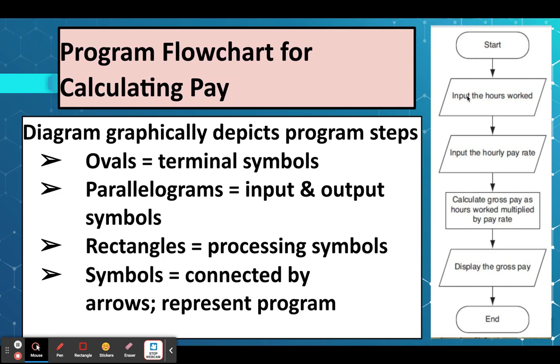The parallelograms are your input and output. The rectangles are your processing symbols. The symbols are connected by arrows representing the program. So these are the steps. This is the outcome. Input is what is inputted. Then you have a calculation, and this is your output. And then you have an ending.